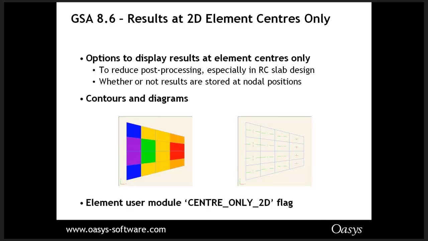For example, if you are getting reinforcement contour plots in an RC slab design, then you're going to speed up the production of that 9 times. And you get the sort of display that you see there, a patchwork quilt look. And note that if you're into using user modules, there's a new center-only 2D flag, so again you can store center-only values in user modules.